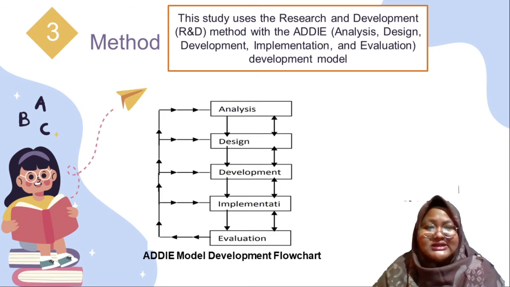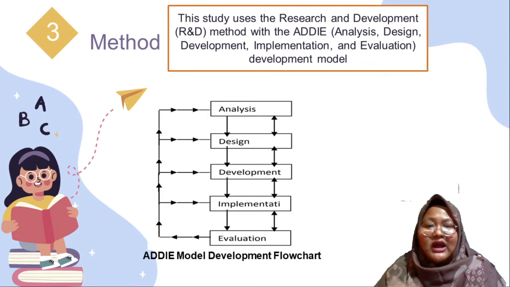This product design is carried out in two stages. First, selecting and determining the software to be used. In this research, the software used is Mega Animation by Powtoon and KineMaster. And the second stage is designing and developing the script into storyboard form.